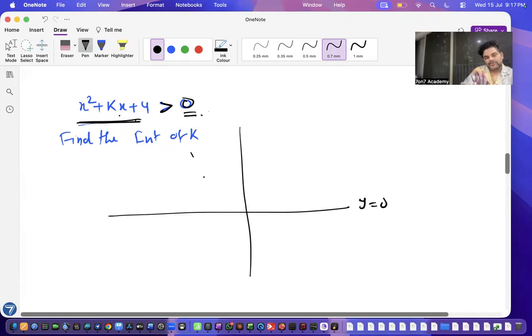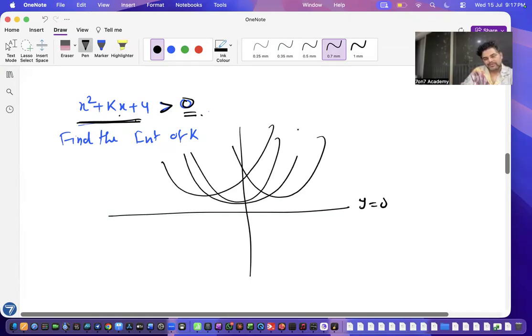The other graph is this, something like that, and this graph is above the y equal to 0 line. So in the context of roots, how many roots does this graph have? Zero. So no roots.